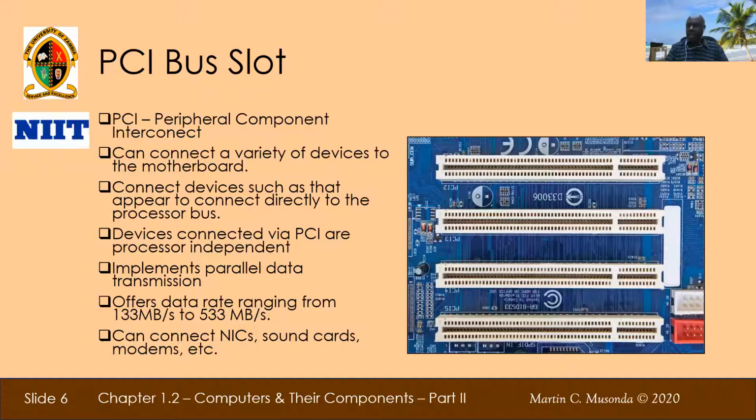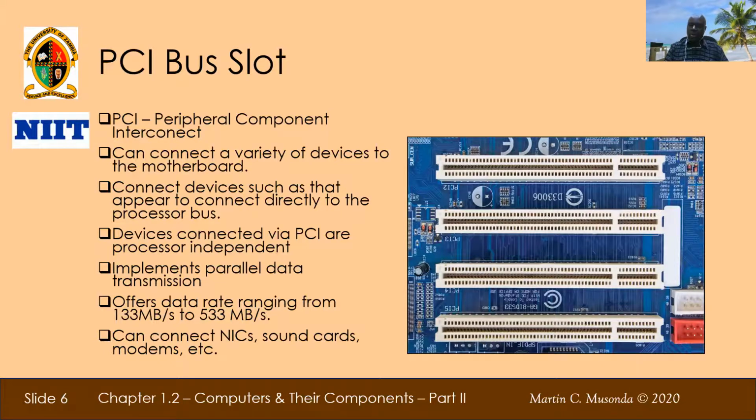They can connect a wide range of devices such as network interface cards, sound cards, modems, etc. So when you look at the back of a computer and you have a sound card which is not built into the motherboard, that is most likely connected using a PCI.